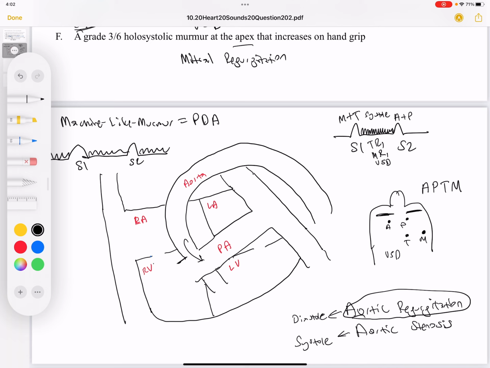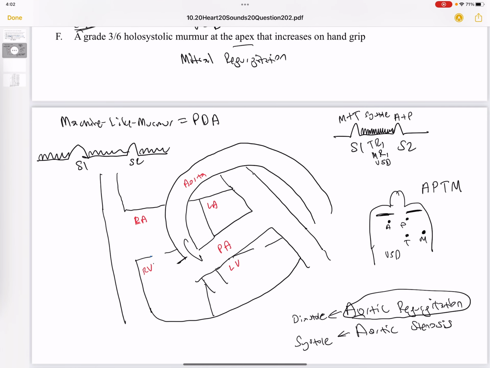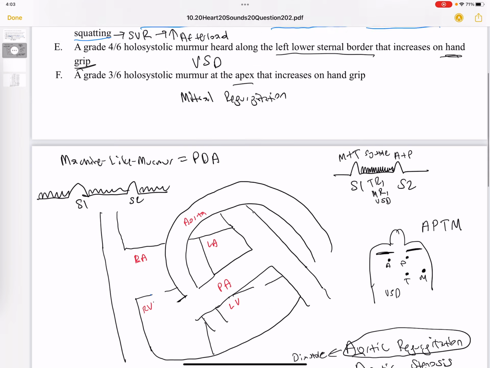The reason why this murmur occurs during systole as well as diastole is because the pressure in the aorta is higher than the pressure in the pulmonary artery during systole as well as diastole. And that is the reason why we hear this murmur continuously. So associate machine-like murmurs with patent ductus arteriosus. They are continuous and they happen during systole as well as diastole.